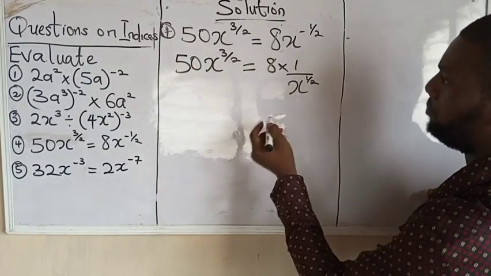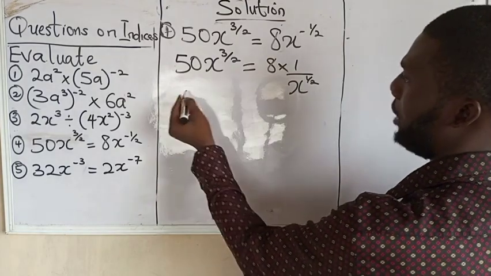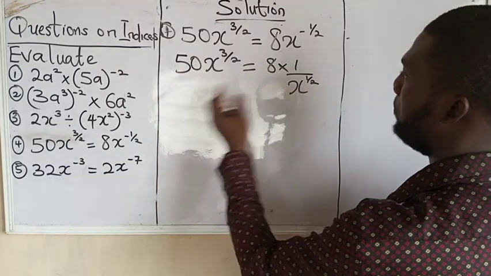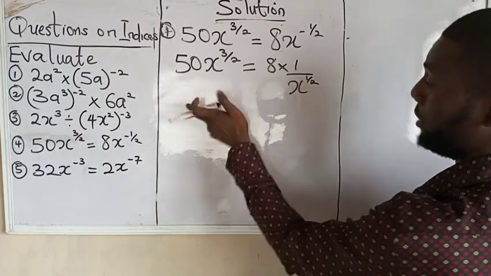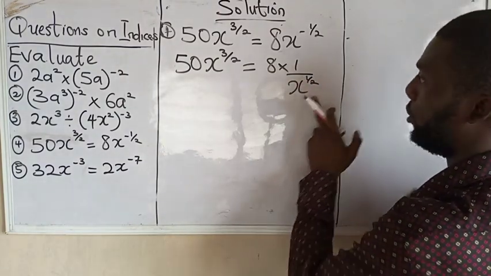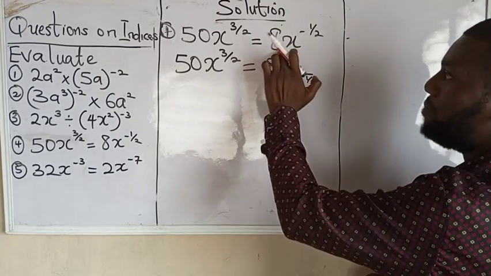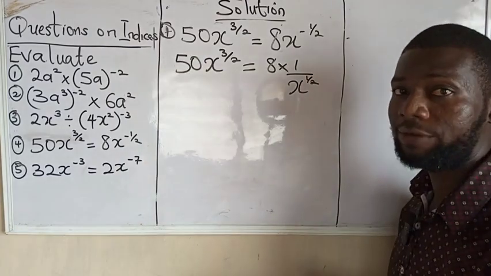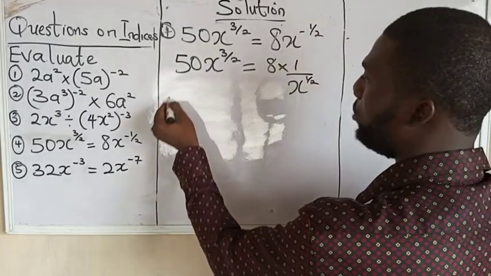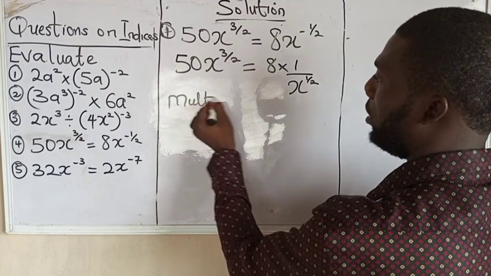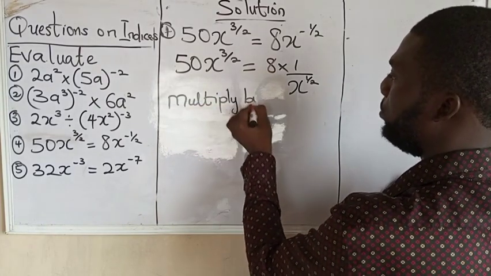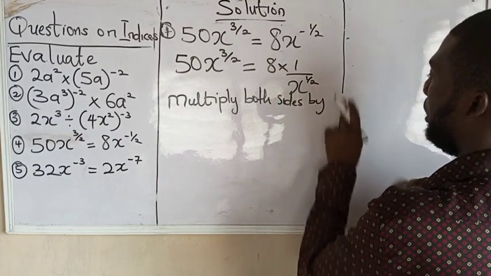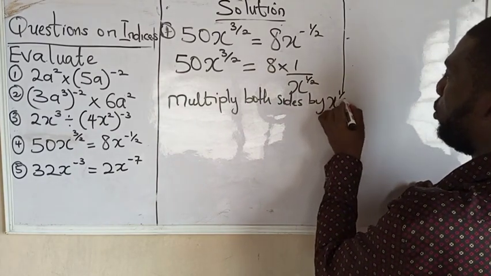I can as well multiply both sides by x raised to power 1 over 2, because my aim is to make sure the number stays here and the letter goes to my left hand side. So I will multiply both sides by x raised to power 1 over 2.